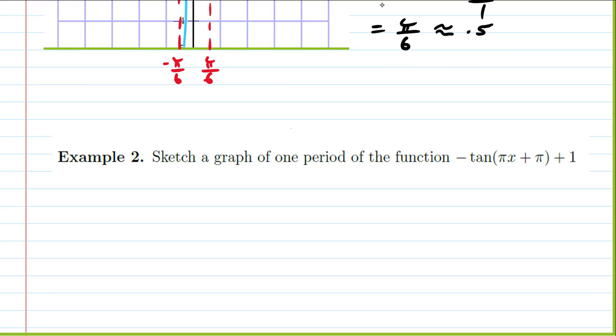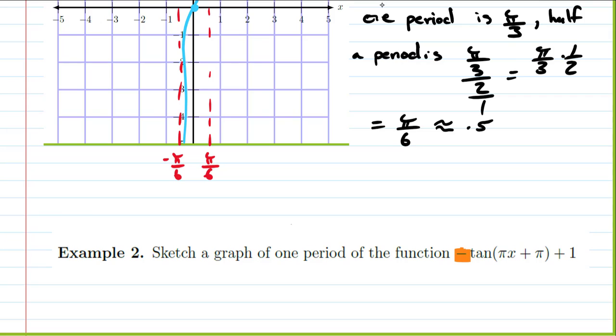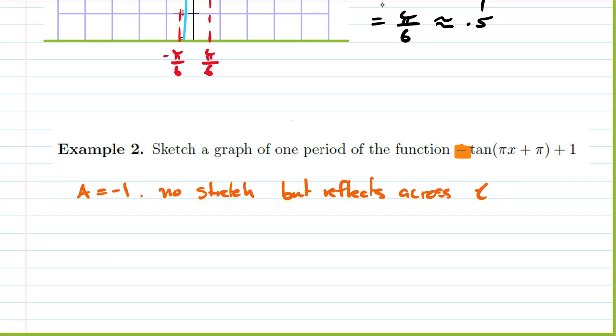So we identify our a this time as -1. So this is going to be no stretch, but reflects across the x-axis.